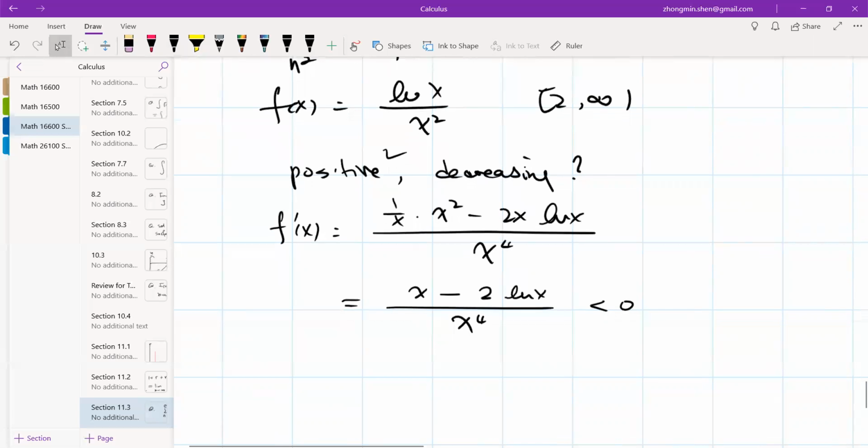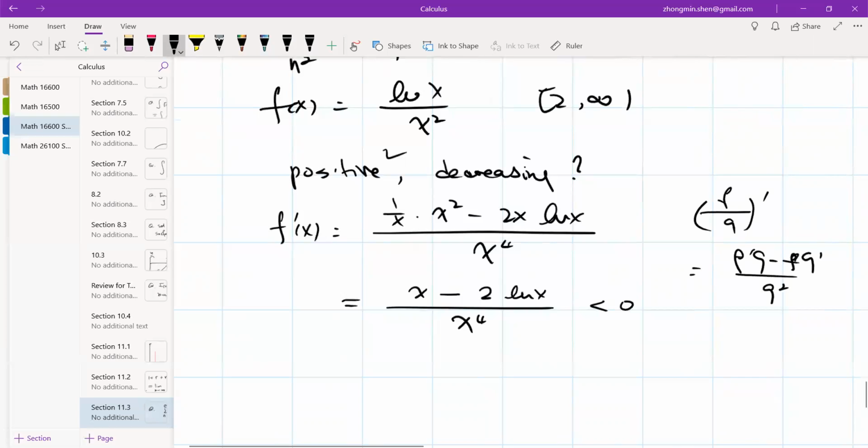I'm confused. Let's do that here, because this is going to be positive when x is large. Impossible. Yeah, the formula says f g prime, right? It's over g squared, f prime g minus f g prime. Okay?